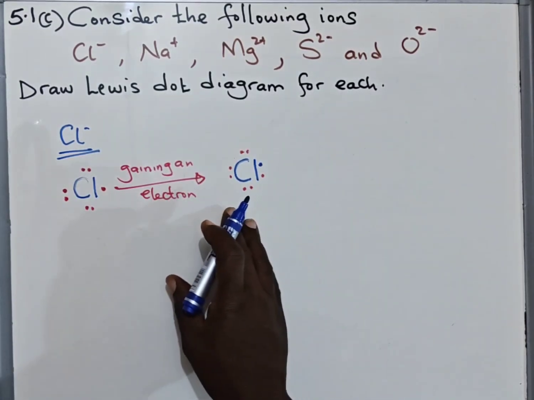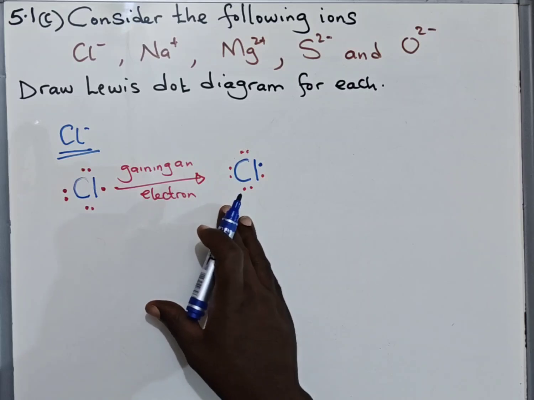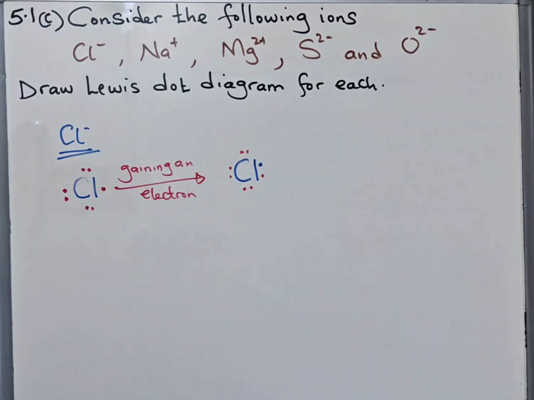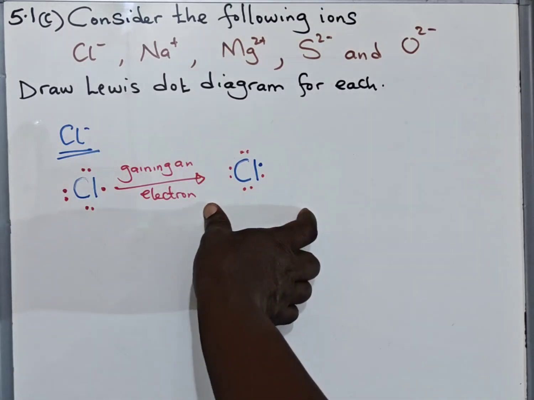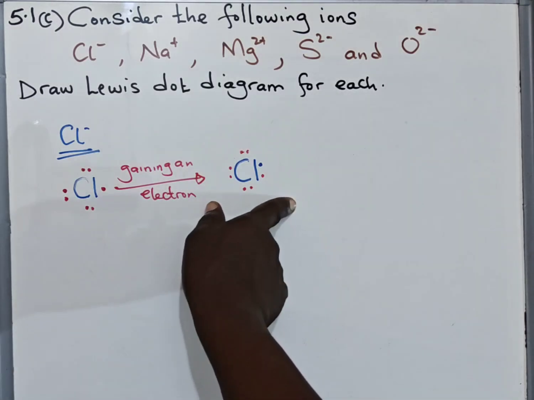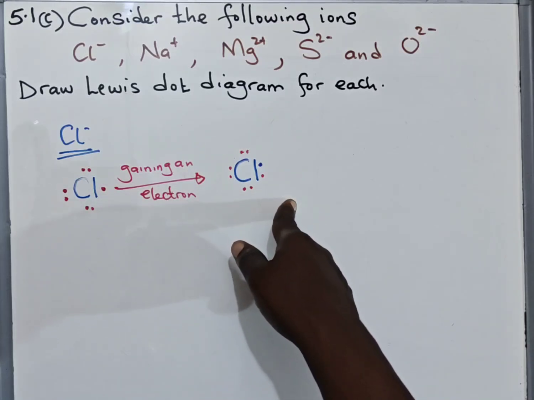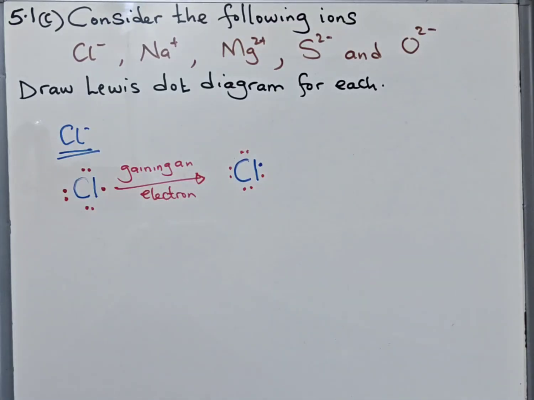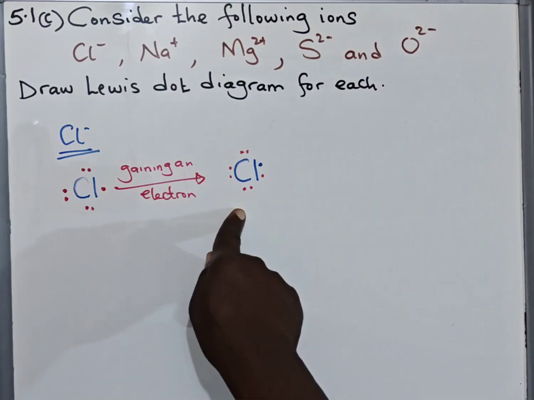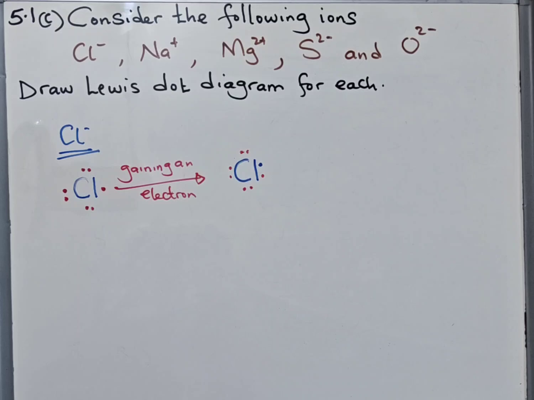When you look at this, what do you see? It has a complete orbital or complete energy level. It is said that when the energy level is complete, the atom is now stable. And all the atoms want stability. So that is it. So after that, what do we do?